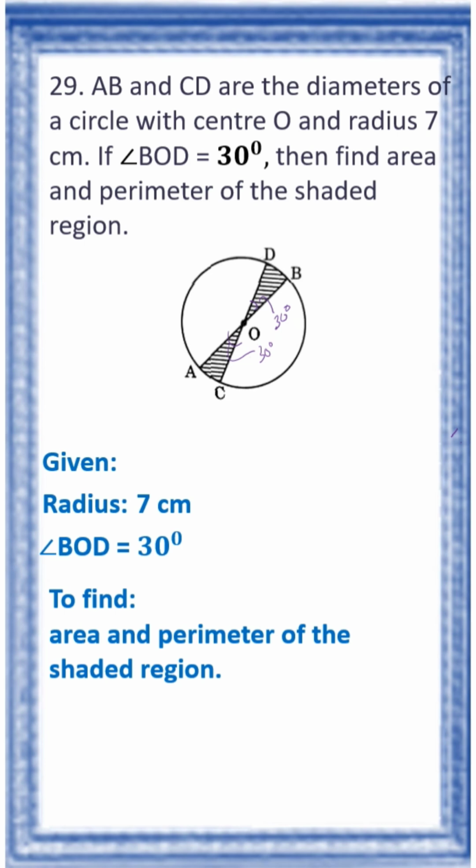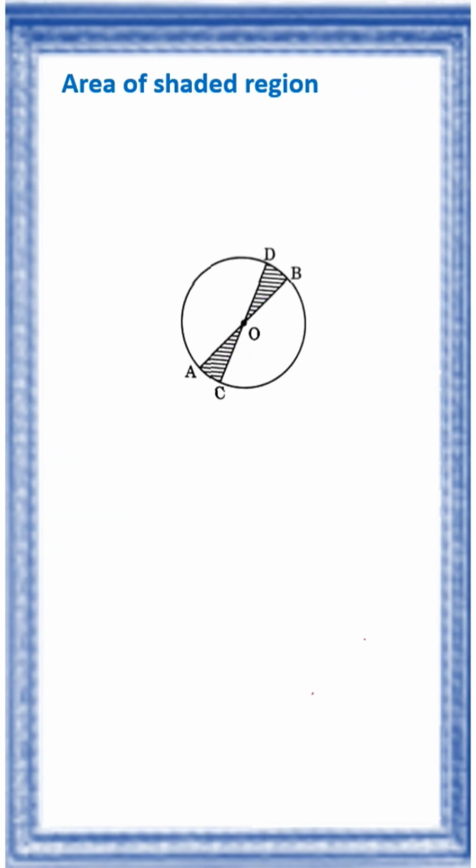Their areas are similar since they share the same radius and also the same central angle. And also we have to find the perimeter, means we can find the perimeter of any one sector and multiply it with 2.